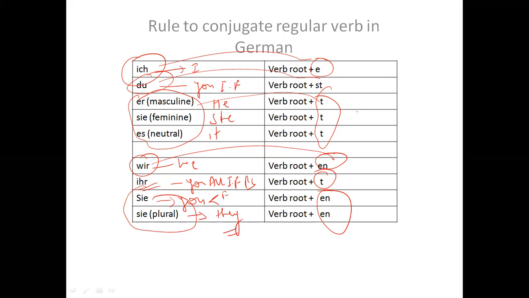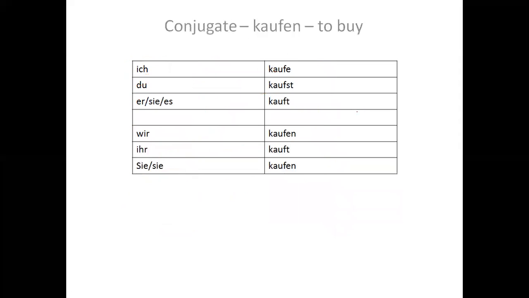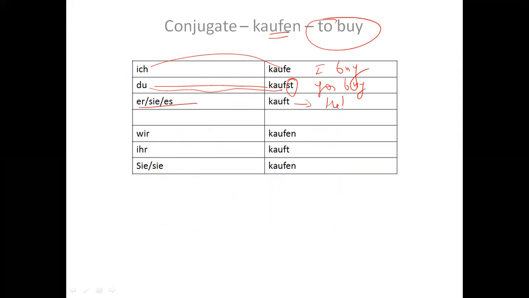Now let's see some exercise. I have also conjugated a verb for you. Kaufen means to buy. So ich kaufe gives you the meaning I buy. Then du kaufst, with st, gives you the meaning you buy. Then er, sie, es kauft gives you the meaning he, she, or it buys.